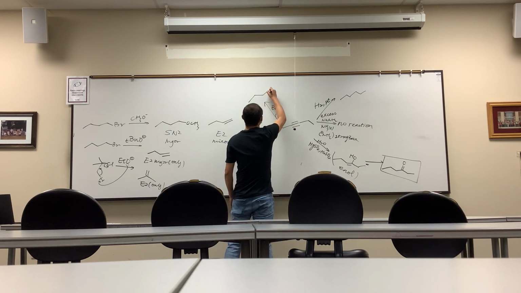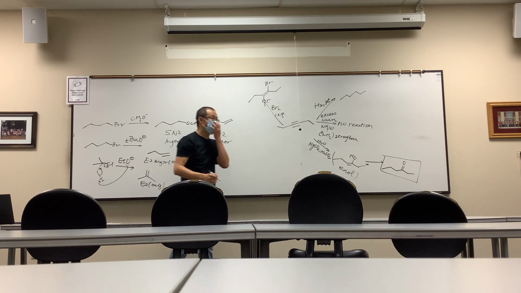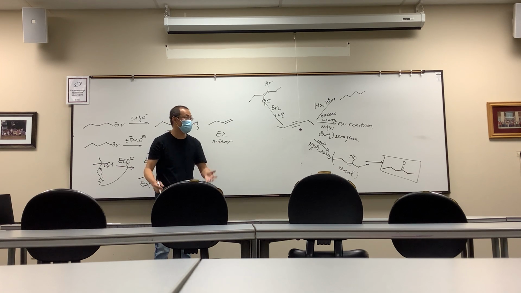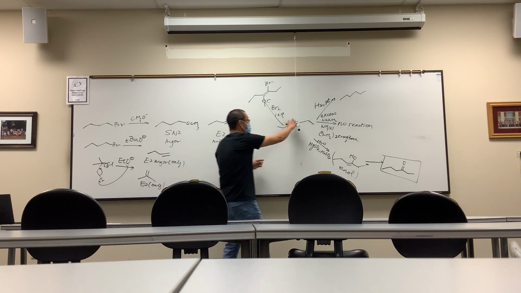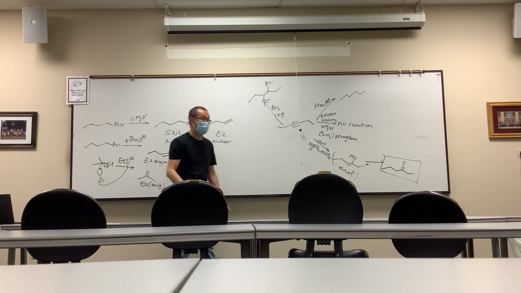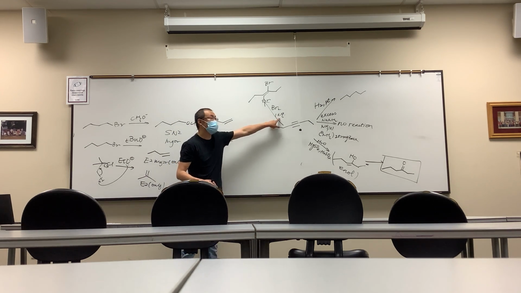Okay, very good. 1, 2, 3, 4, 5, 6. Again, trans. The 2 bromines are trans. Bromine actually has better selectivity than chlorine. Why? Because you start from a bridged bromonium ion intermediate, and the other one attacks from the back. So you get a trans alkene. And again, they're asking 1 equivalent.